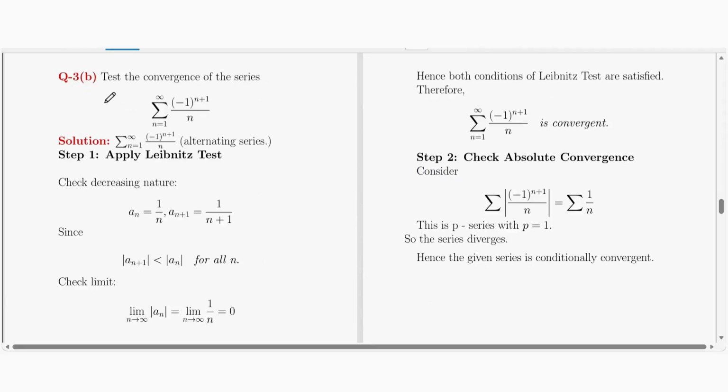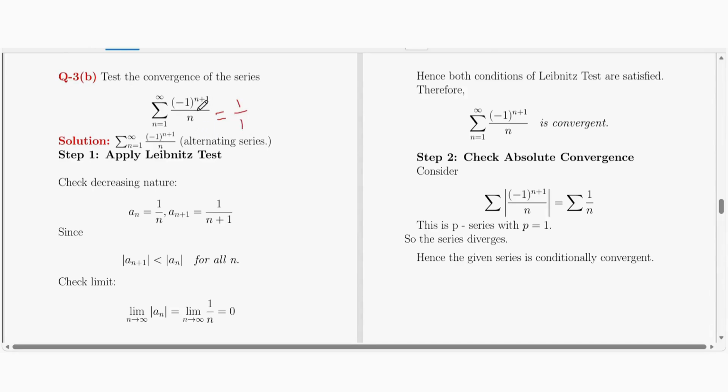Question number 3b. Test the convergence of the series summation of minus 1 raised to n plus 1 upon n. Now see here, this series is an alternating series because here minus 1 raised to n is given. Okay. So here when you put n one by one, first put n equal to 1. So 1 plus 1 is 2, we get positive 1, 1 upon 1.